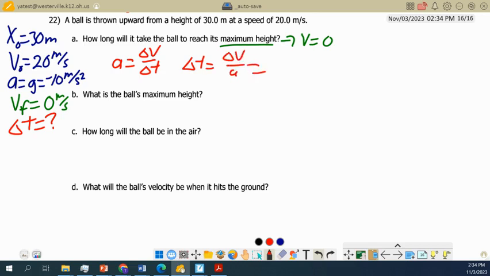What's our delta v? We end up with a 0 for our final velocity. Our initial velocity was 20. What's our acceleration? Negative 10. What does this give us? This gives us 2. And since we're talking about time, and we're measuring time in seconds, that's 2 seconds.